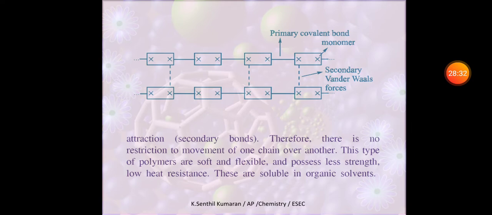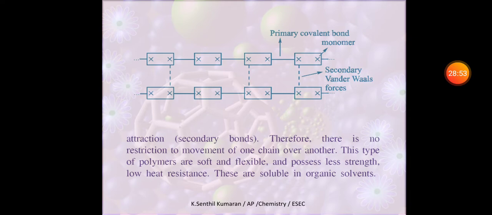The two adjacent bifunctional monomeric units are connected with a strong covalent bond, that is a primary covalent bond. Here there are two linear lines, a bottom layer and a top layer. The two adjacent layers are connected with weak van der Waals forces of attraction.